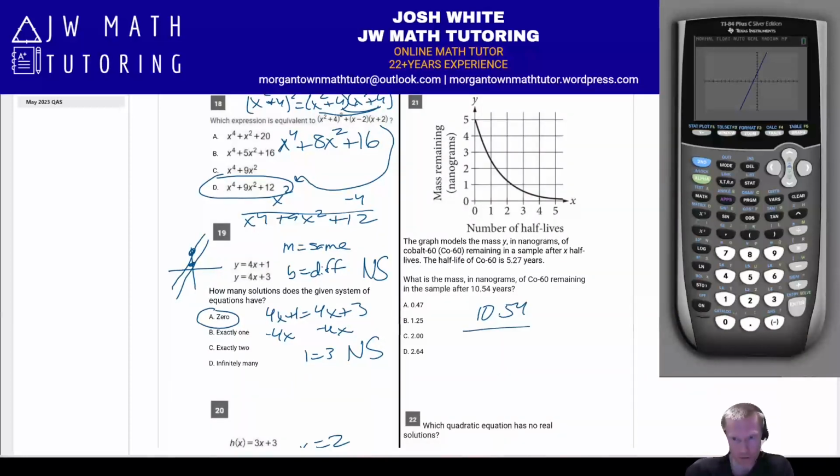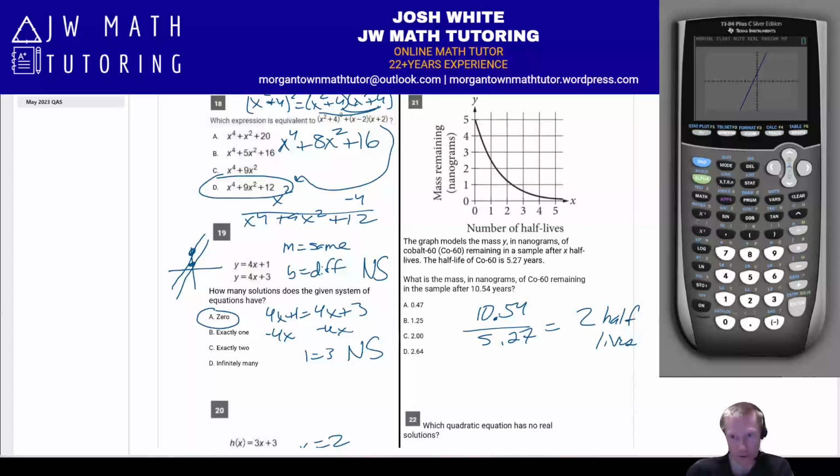10.54 years is going to be equal to 2 half-lives because one half-life is 5.27 years. So if you double that, you would get 10.54. So therefore, what this question is really asking is how much is left after 2 half-lives?